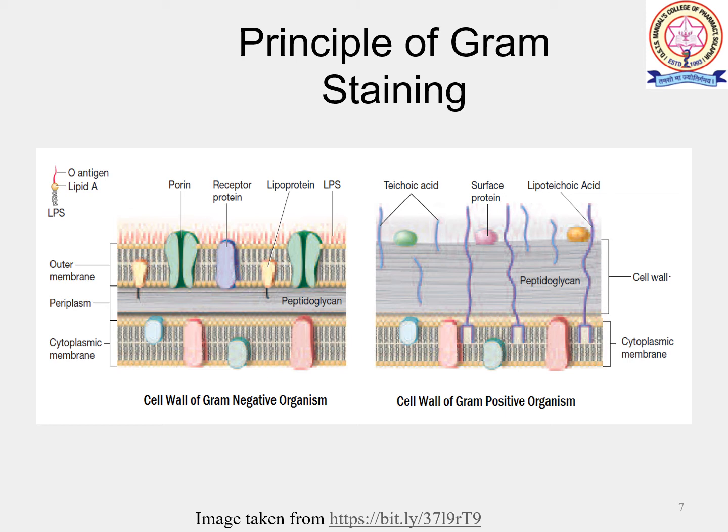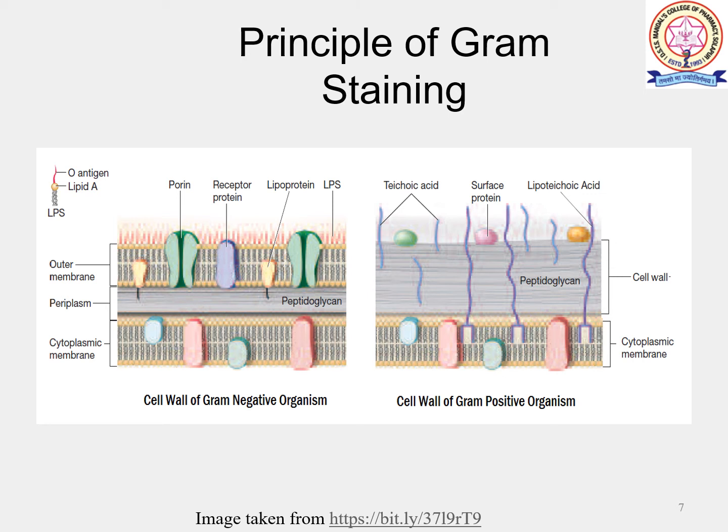In aqueous solution, crystal violet dissociates into CV+ and Cl-, and it penetrates through the cell wall and membrane of both gram-positive and gram-negative bacteria. The CV+ interacts with the negatively charged components of the bacterial cell and stains them purple. In both cases, gram-positive as well as gram-negative, it will be stained purple.